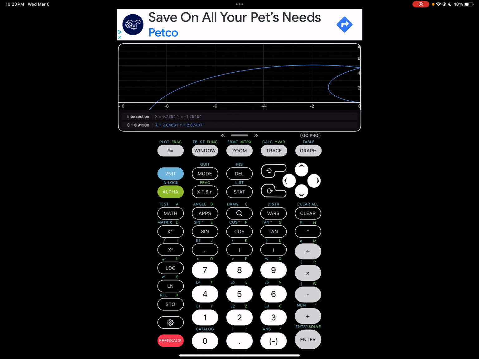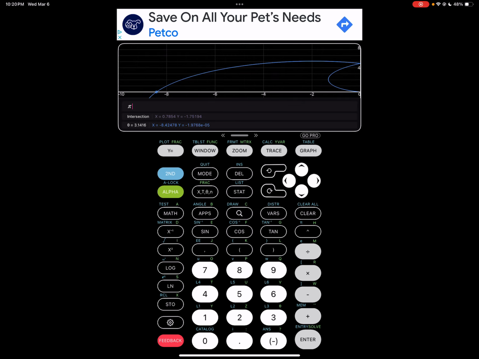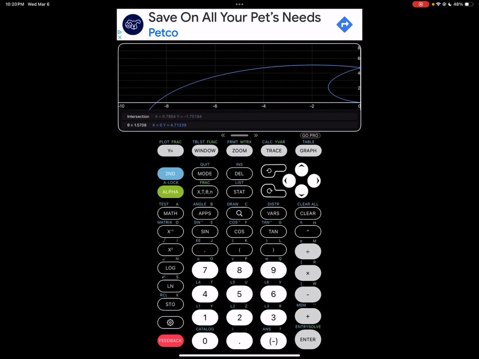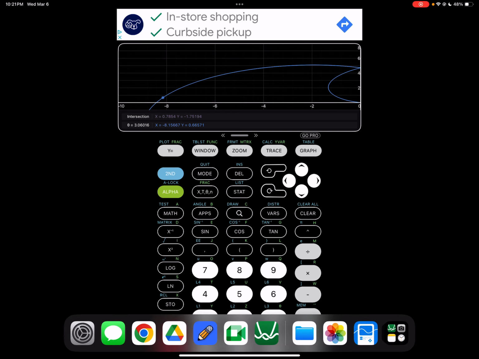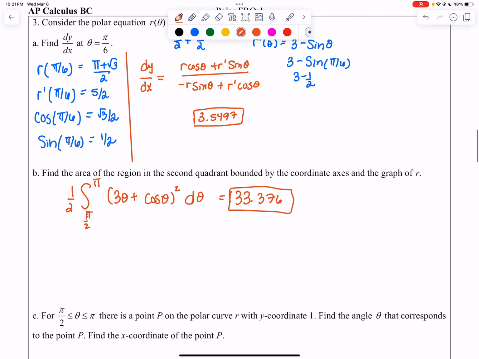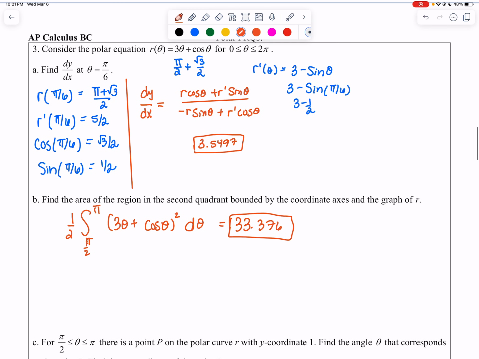Since this is the second quadrant, this is going to be pi over 2. So I have pi over 2 up there. If I were to do that, it's going to give me this region right here. And that's going to give us 33.376.